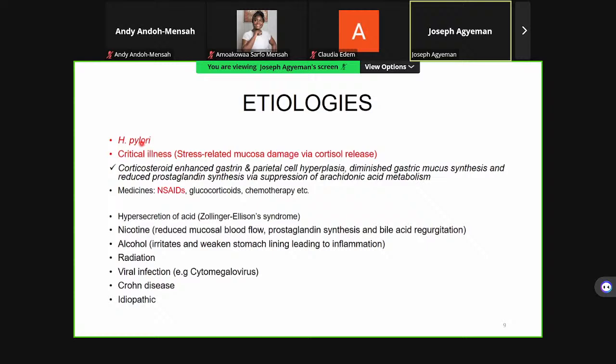pylori. This is an infection that normally you get in childhood. Almost a similar route of infection, just like the way you get typhoid fever. But normally, if you get it, it is through childhood where you don't know anything. You play around, eating sand and those things anyhow.